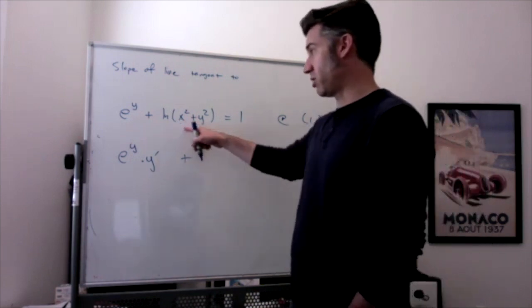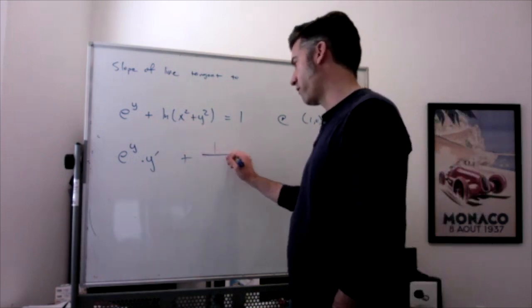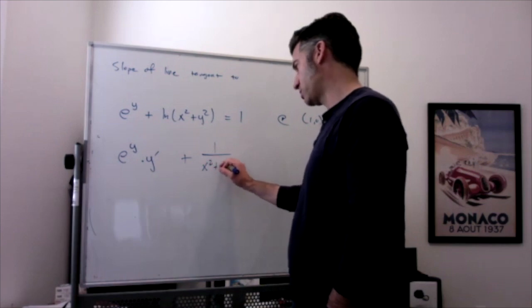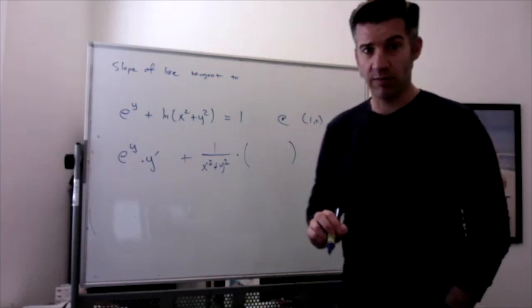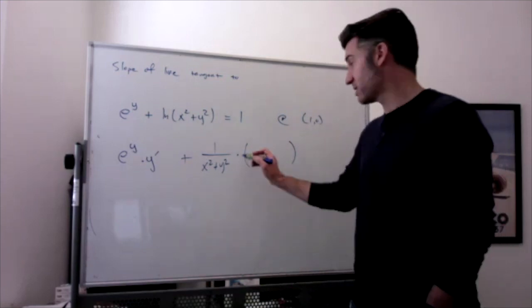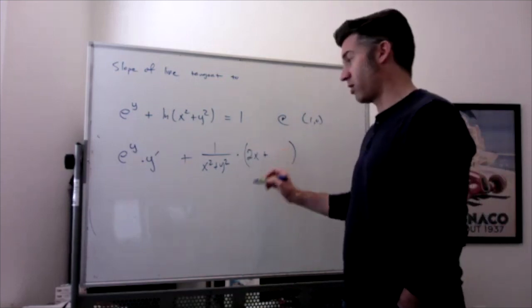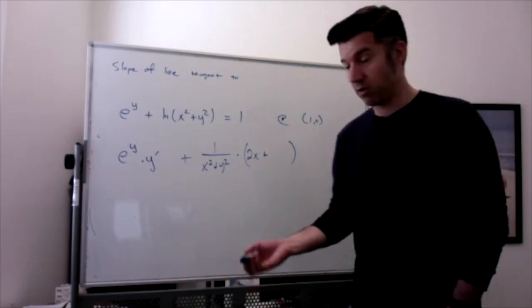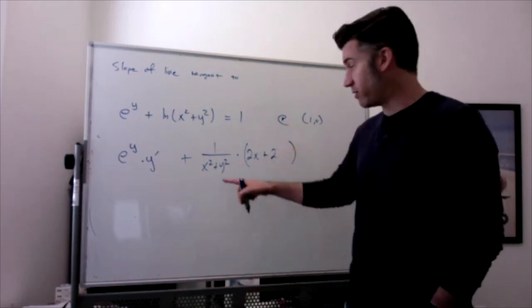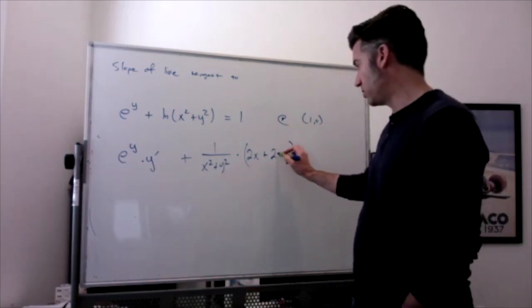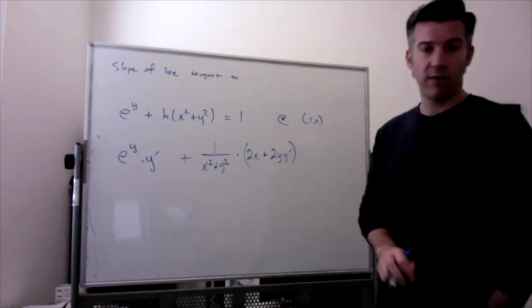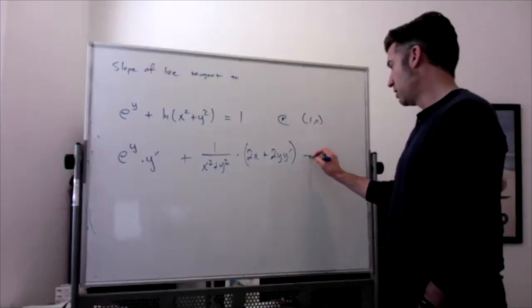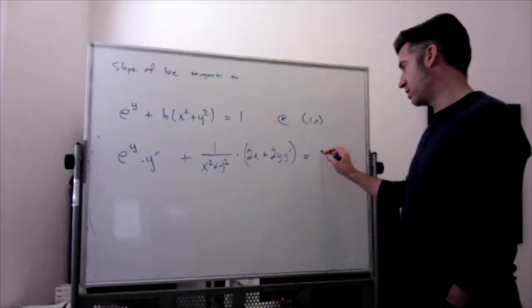So the derivative of the natural log of x squared plus y squared is 1 over x squared plus y squared times the derivative of x squared plus y squared. The derivative of x squared is 2x. The derivative of y squared is 2y times y prime, since the derivative of some stuff squared is 2 times your stuff to the first power times the derivative of your stuff. This equals the derivative of 1, which is 0.